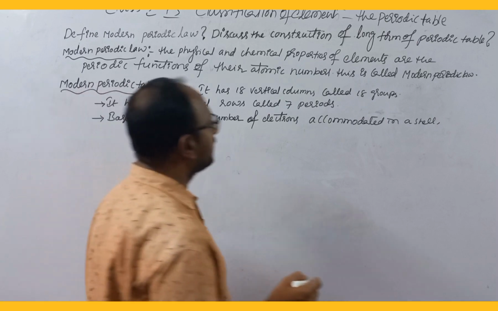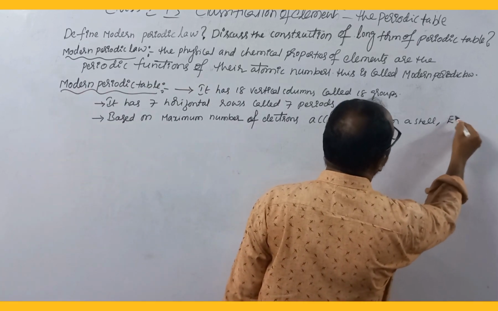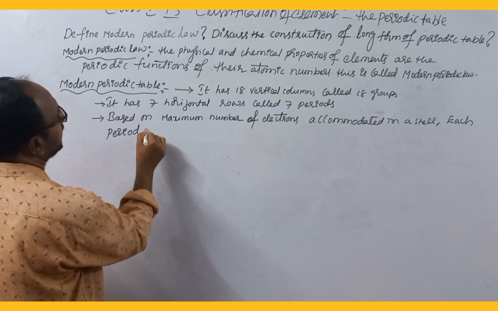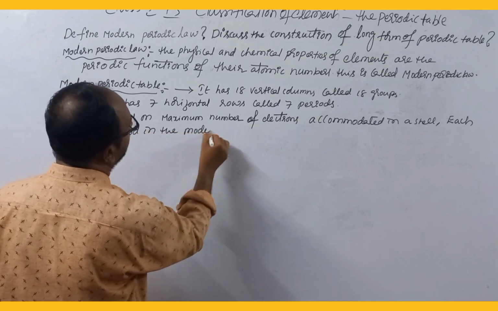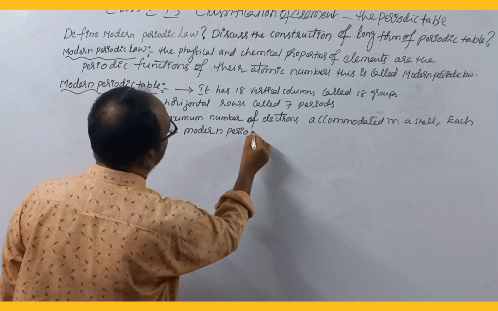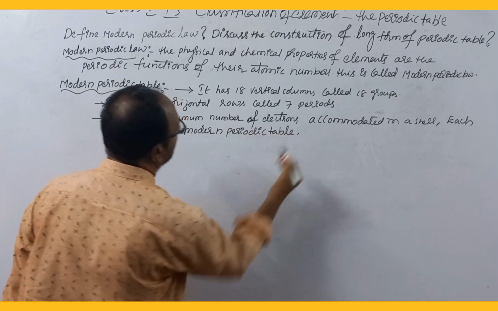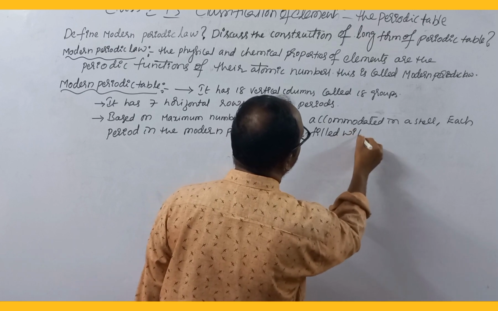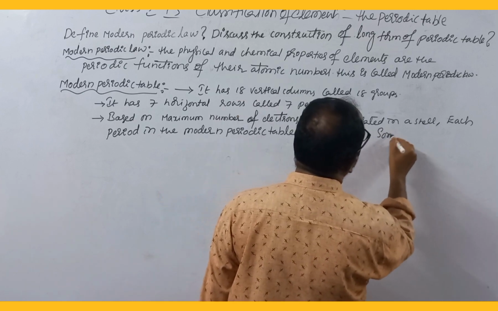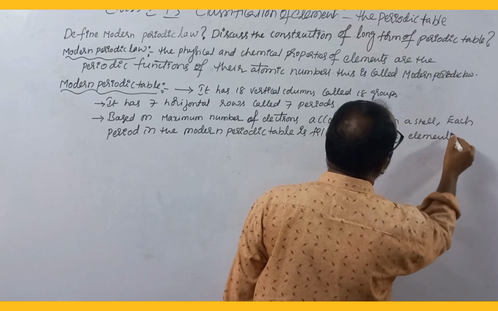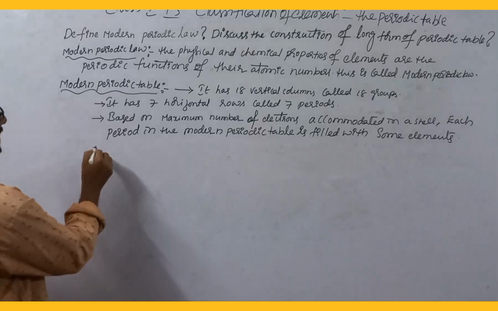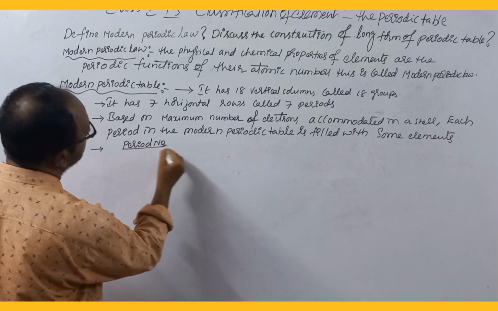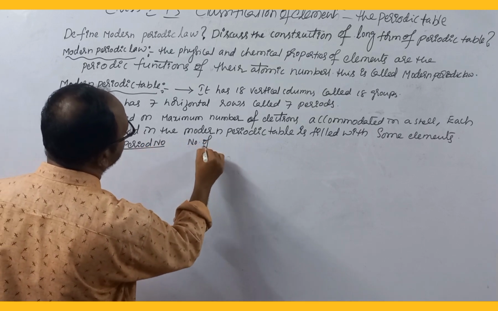Using that concept, based on the maximum number of electrons accommodated in a shell, each period in the modern periodic table is filled with some elements.